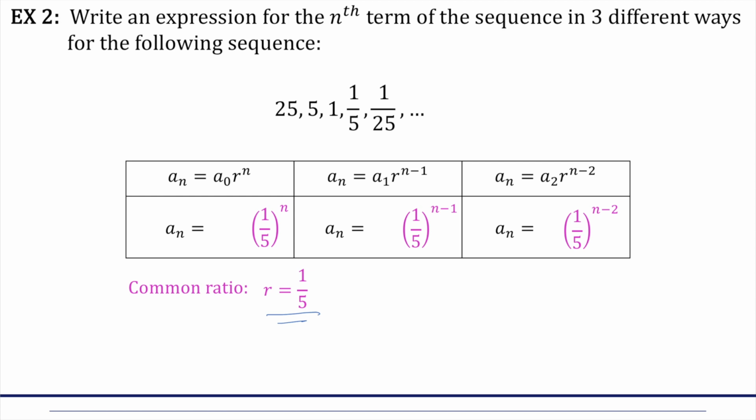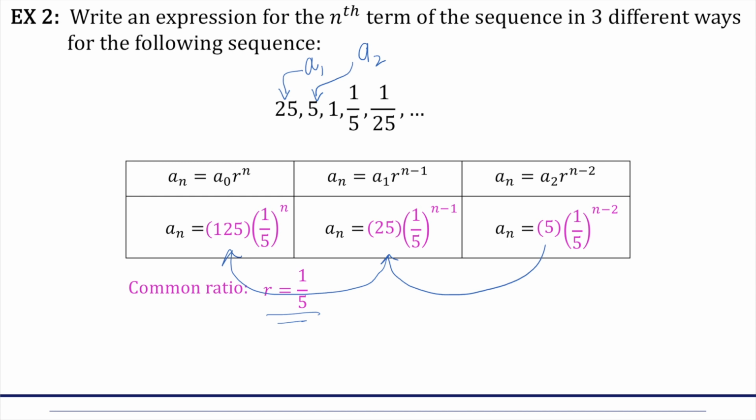Then we can figure out our a sub 1 term. A sub 1 is 25. And a sub 2 is 5. So to get our a sub 0 term, we've got, let's see, 5 times 5 is 25. So 25 times 5 gives us 125.